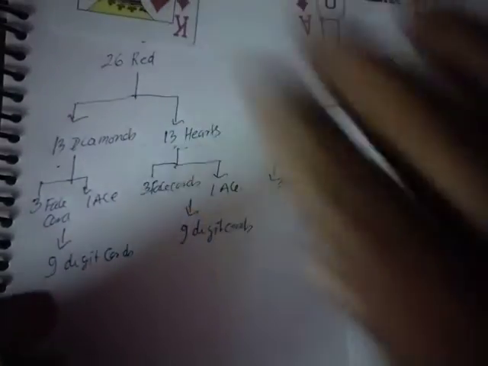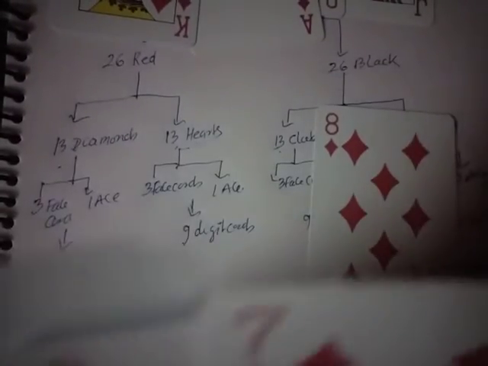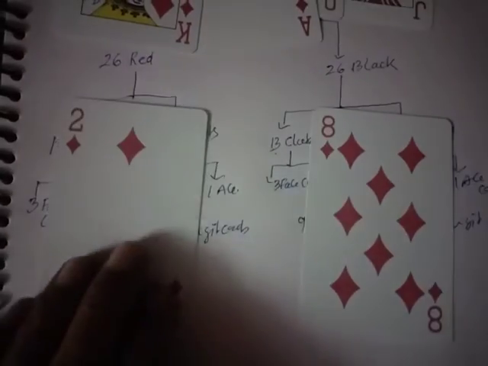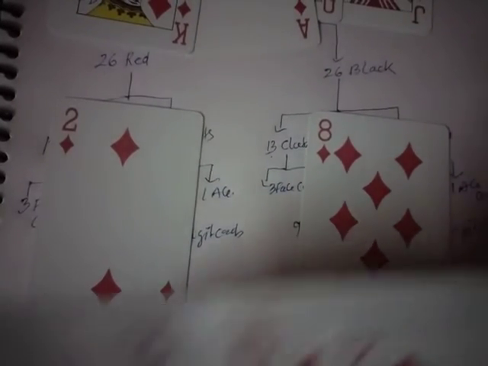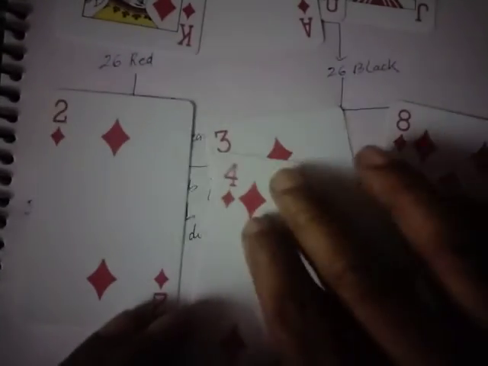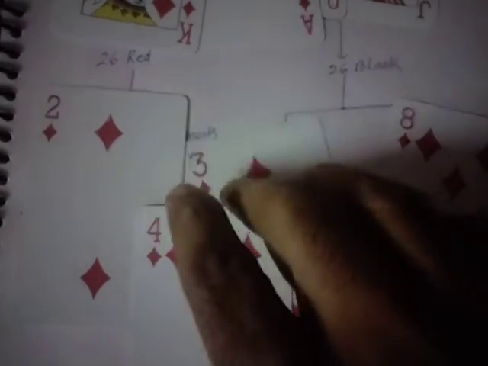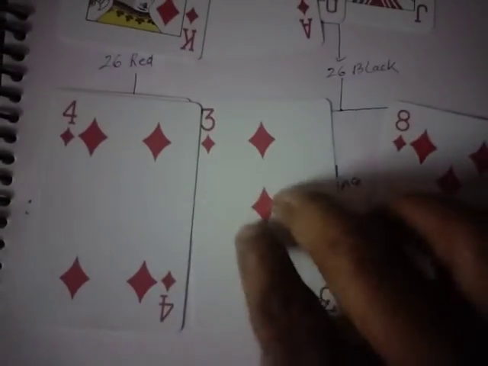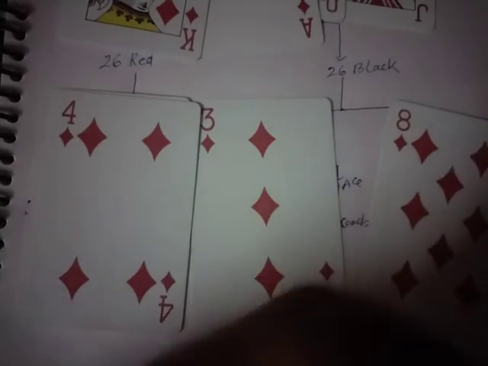Now student, the 9 digit cards. Digit cards start from 2: 2, 3, 4, 5, 6, 7, 8, 9, 10.